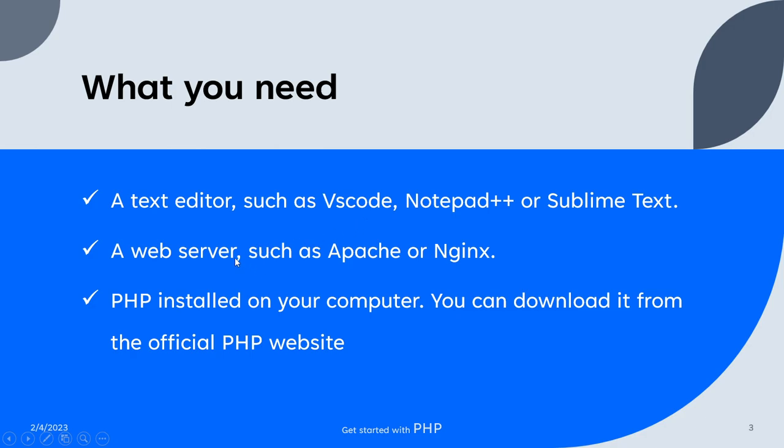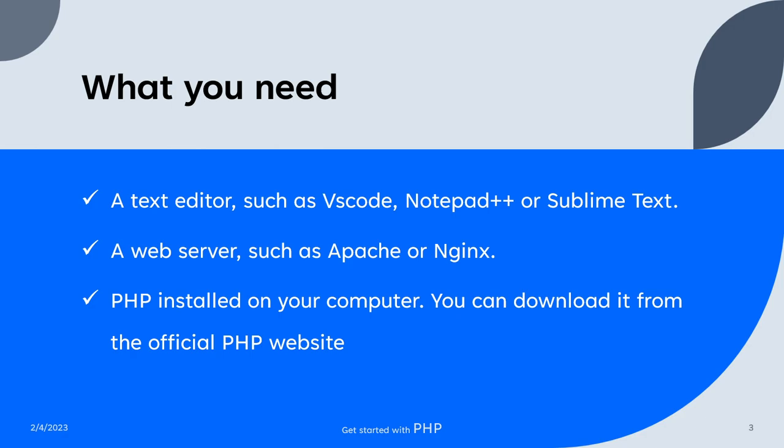We would also need a web server. Okay, we would need a web server in order to be able to run our PHP script. You remember in the first video, in the introductory part, we said that PHP code doesn't run on the client side, it runs on the server, right? Good.